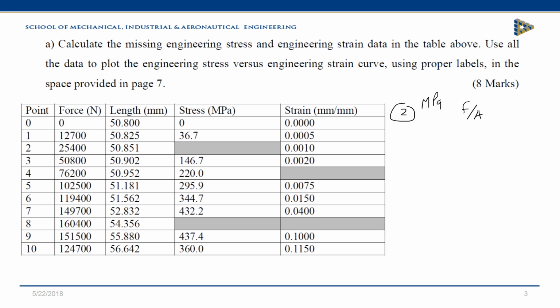We calculated the area earlier, so it's 25,400 over 0.000346, and that gives me an answer in pascals of 73,333,978. I need that in MPa, so divide by 10 to the power of 6, and that gives me an answer of 73.334 MPa.